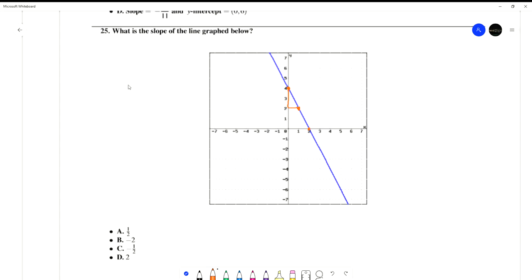So down 2 means negative 2 over right 1. So that means my slope is negative 2. As you can see, we're going down 2, right 1. If you go down 2, right 1, it'll stay on that line. So that's my slope, m is equal to negative 2. And that's the end of the exam.